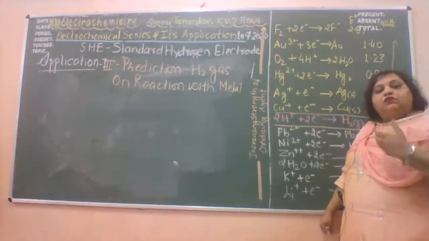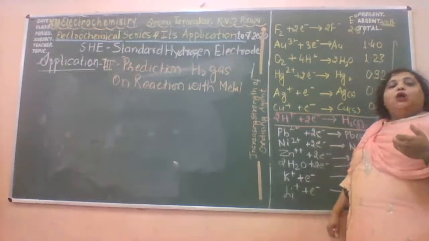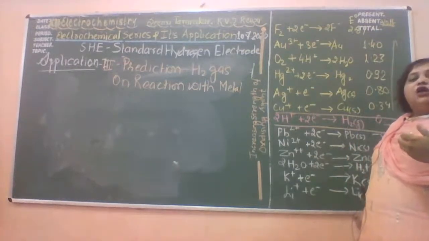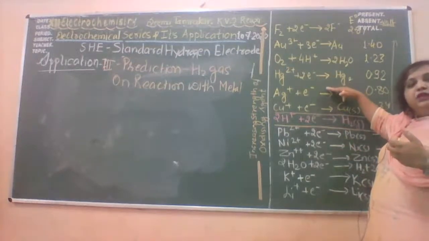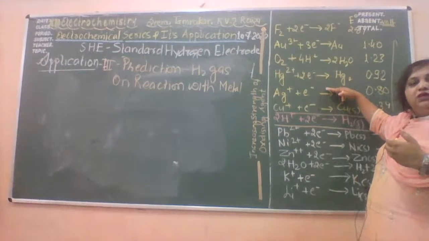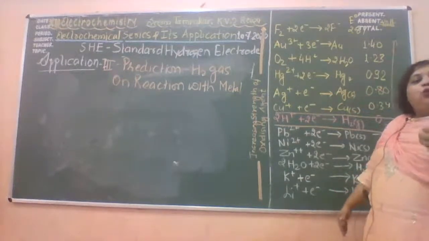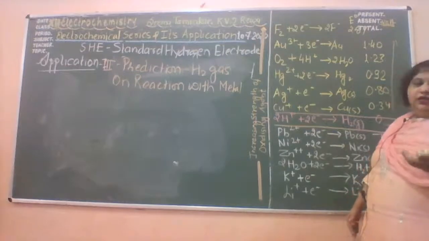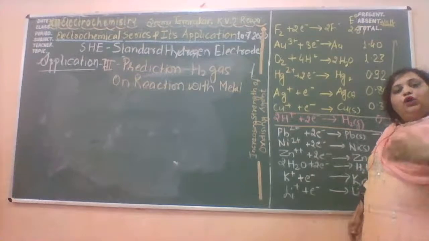The refined way of representing this concept is: all the elements which are located above the hydrogen in the electrochemical series will not evolve the hydrogen gas, whether they are metal or non-metal.